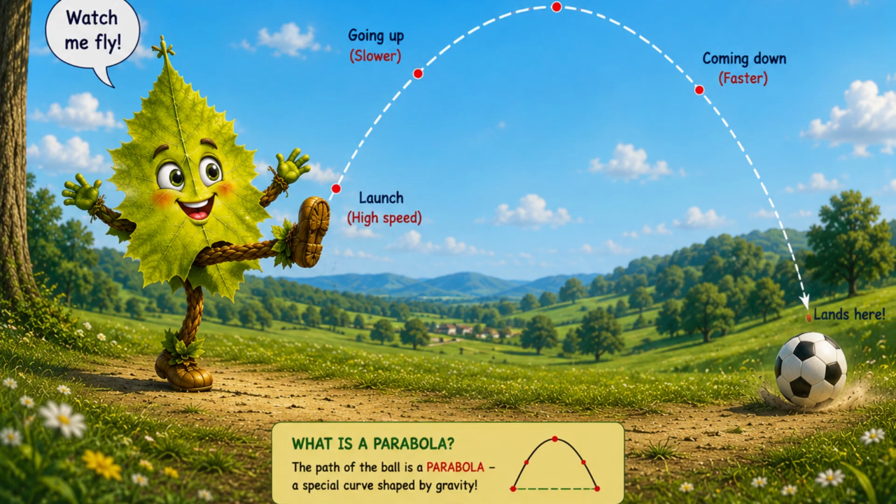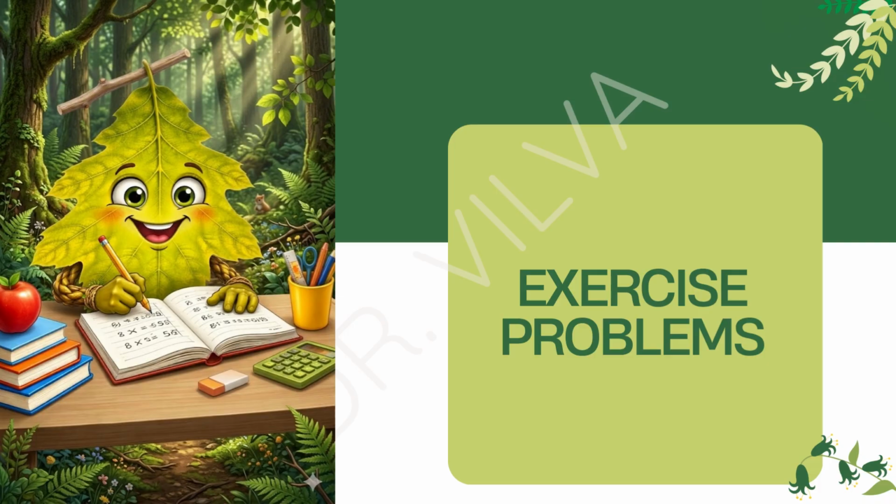Engineers use these equations to predict exactly where a projectile will land. When designing airplanes or car bodies, engineers use polynomials to create smooth, curved surfaces that reduce air resistance and increase fuel efficiency. We will do some exercise problems now.